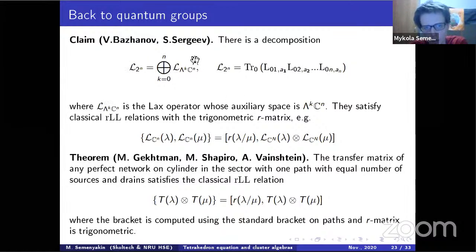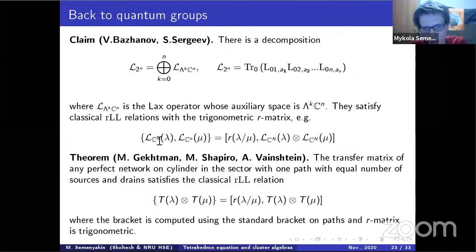These blocks are Lax operators with auxiliary space the fundamental representation of GLn, and these Lax operators satisfy the classical RLL equations with the trigonometric R matrix.